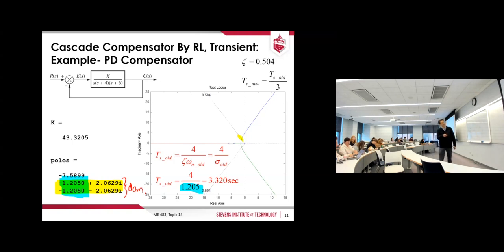In this case, old means only with the K, the proportional controller, where K is 43. Then your sigma is 1.2, 1.205, okay? So you can find the settling time from this system when you use the proportional controller alone, right? So that's 3.3 seconds.